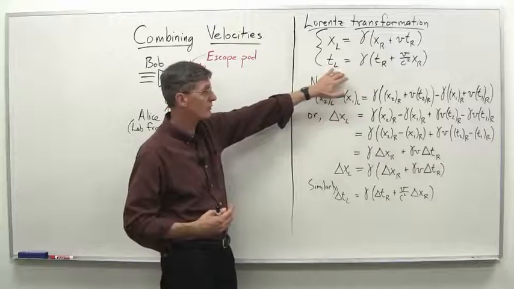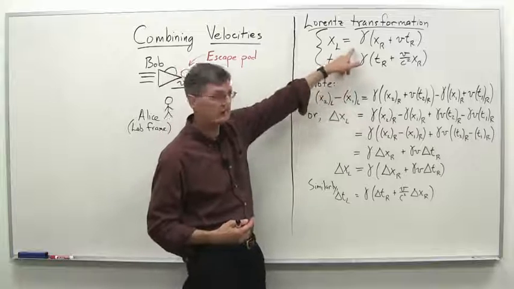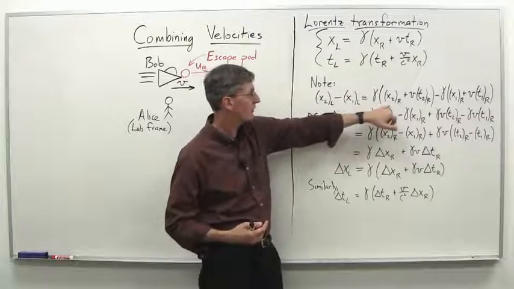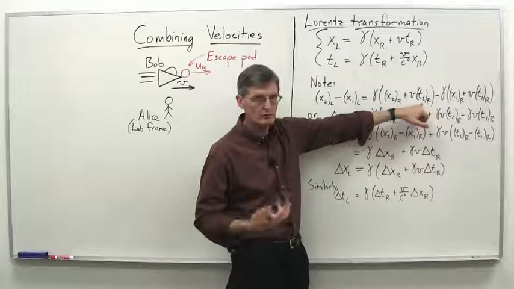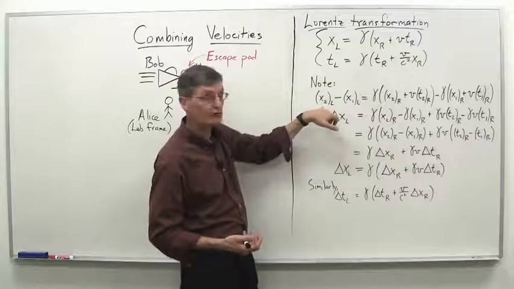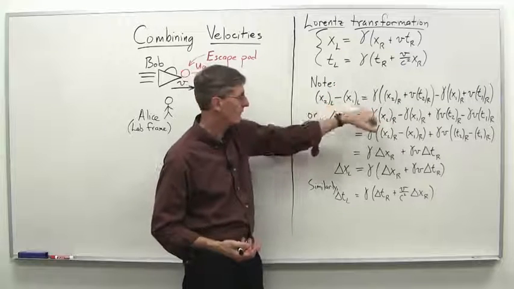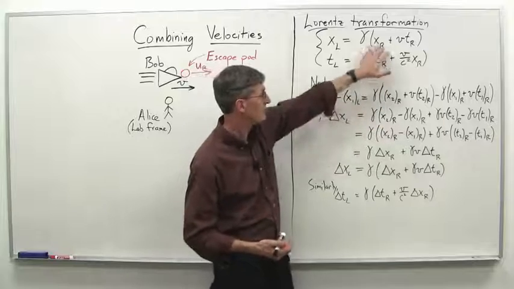Using the Lorentz transformation equations, for x2 sub L we can plug in gamma times x2 sub r plus v times t2 sub r, in the rocket frame. We just took the equation and put that in for x2 sub L. And then similarly for minus x1 sub L, we plugged in the same equation.